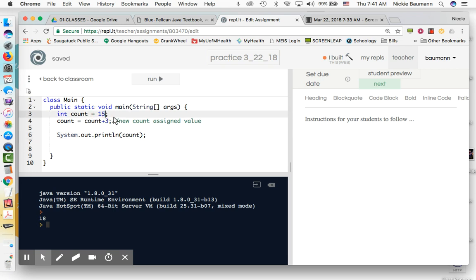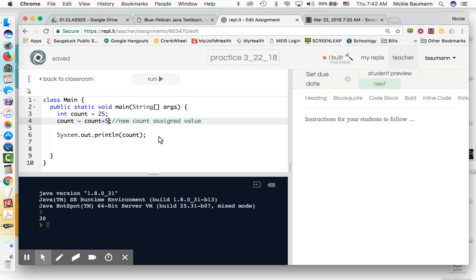So if I had, let's say I went back up and did count is 25 and added 5 and run this, it puts 25 into count, adds 5, so it'd be 30, and reassigns it to the variable count. So that's a little confusing, but it's very important for us to remember when we're dealing with programming and computer science.